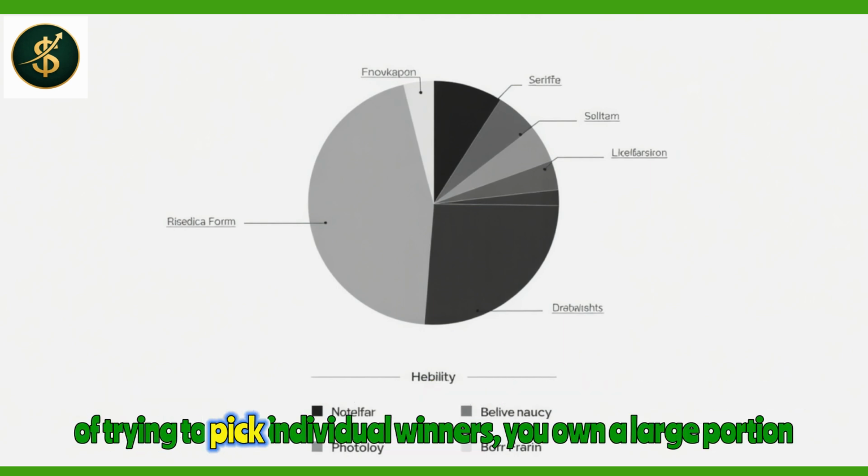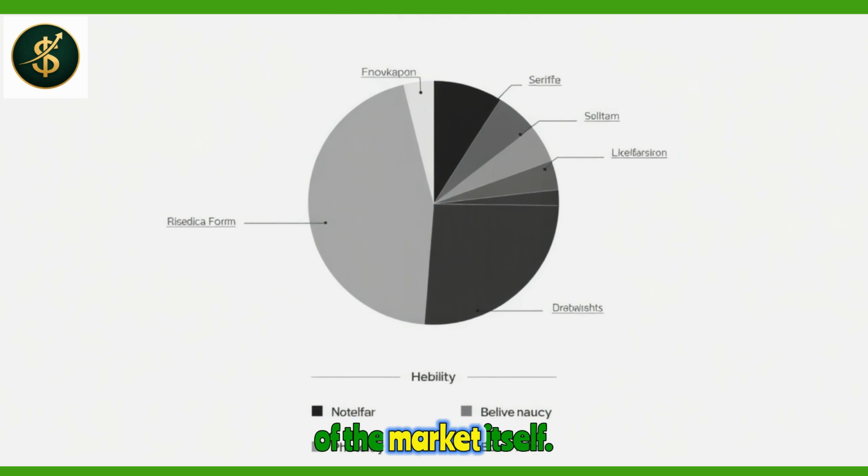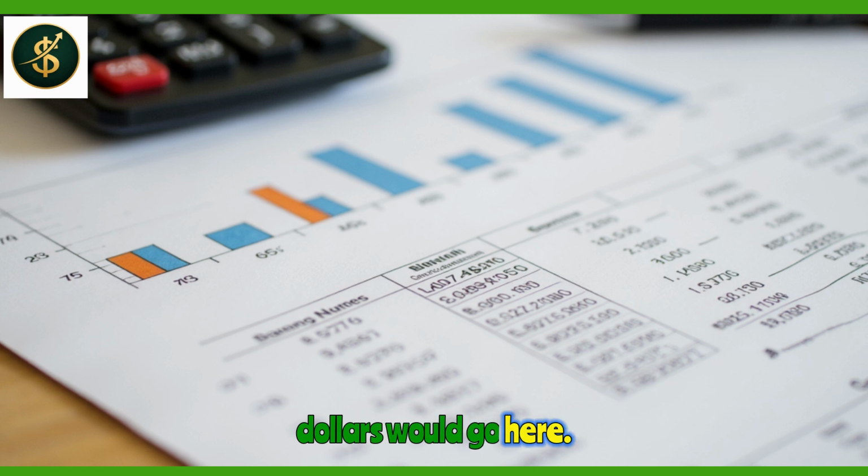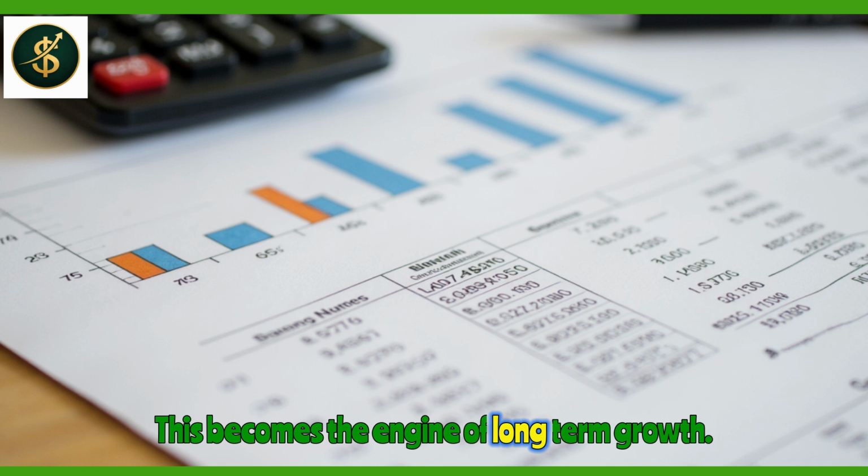Instead of trying to pick individual winners, you own a large portion of the market itself. If I had $10,000, roughly $5,000 to $6,000 would go here. This becomes the engine of long term growth.